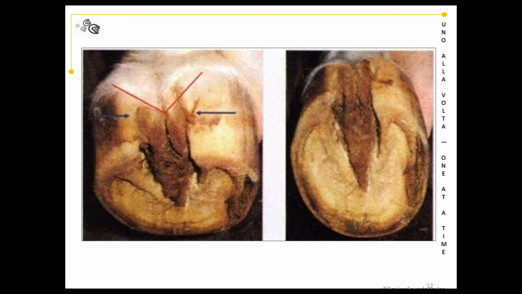Also the solar corium and parts of the lateral cartilage. Contracted heels also cause painful compression of the bulbs of the heel. What you see here again is a hoof with severe heel contraction. Contraction really compromises every single part of the hoof.